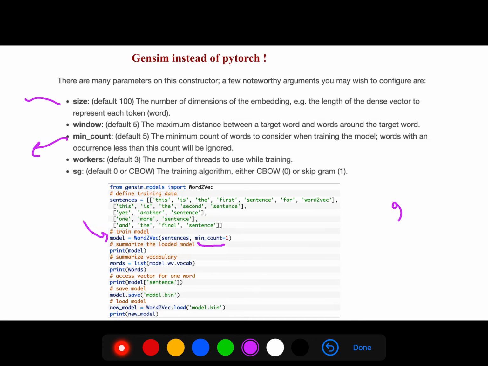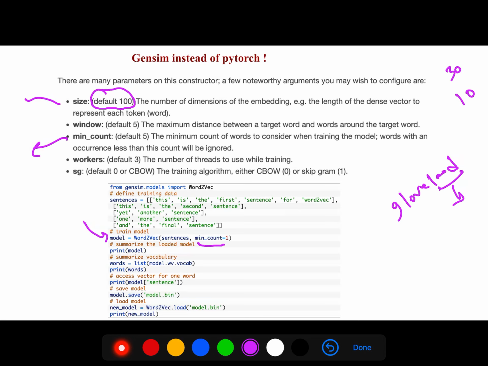For example, have you seen the GloVe 100D file is about 1 gigabyte. So 100D means the dimension of each vector is 100. Here the default for Gensim is 100. You can change it to anything you want. You can reduce it because I don't like the curse of dimensionality. So please use, for example, 30 at most, or 10 or 20.